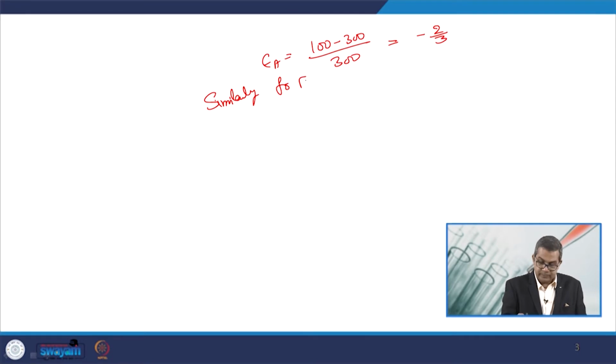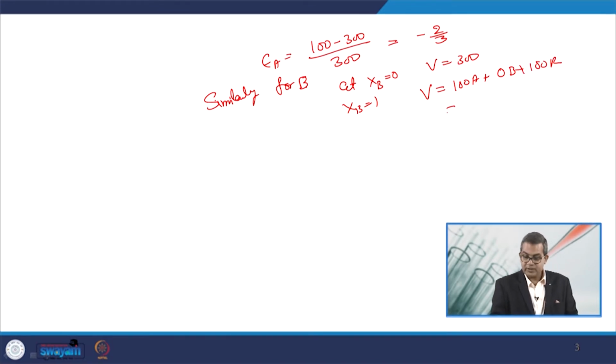Now similarly for B, at XB is equal to 0, V is equal to 300. At XB is equal to 1, V is equal to 100A plus 0B plus 100R, and that is 200. So for epsilon B, that is 200 minus 300 upon 300, that is equal to minus 1 upon 3.